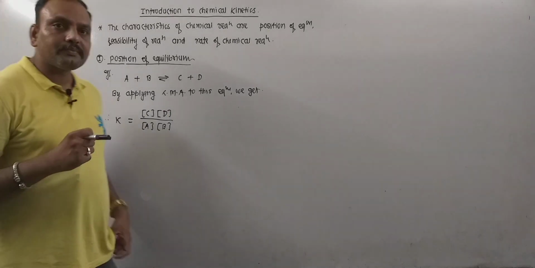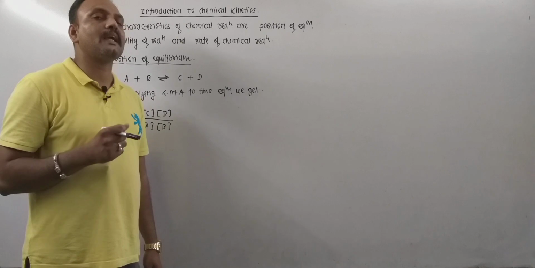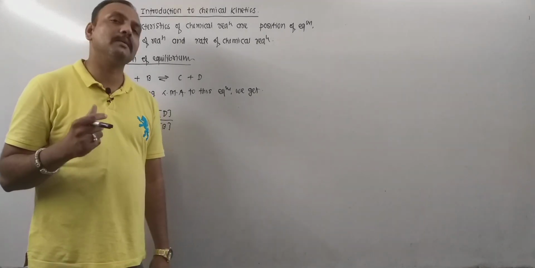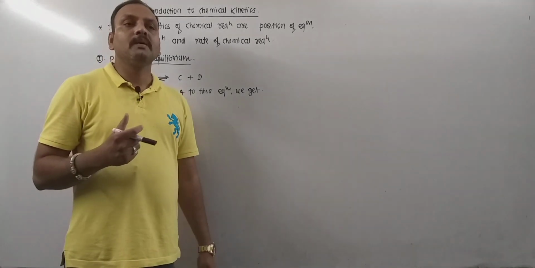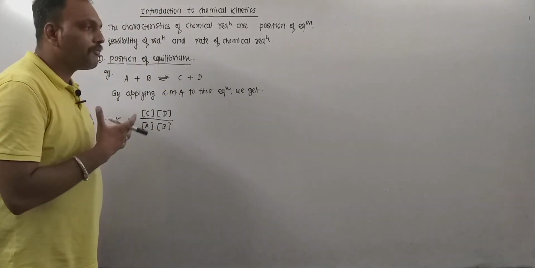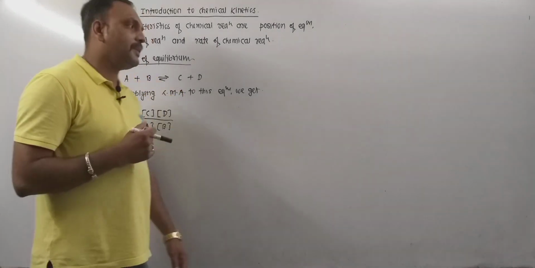Now remember, when equilibrium establishes in the reaction, that means the rate of forward and reverse reaction becomes equal. So reaction tends to proceed in one direction, I mean in forward direction, until equilibrium is established.